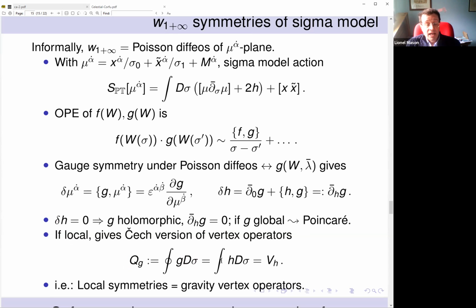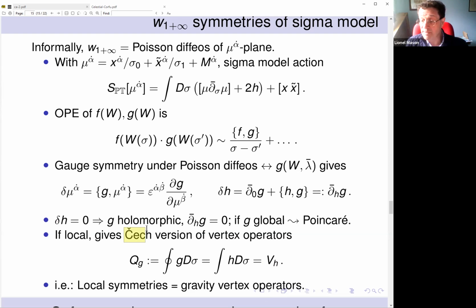And it turns out that that's the same as, roughly speaking, the integral of D bar of G, and this is the formula we had for our gravity vertex operators. So we have this kind of interplay between local symmetries and gravity vertex operators, and this is actually a version of the Čech-Dolbeault isomorphism.